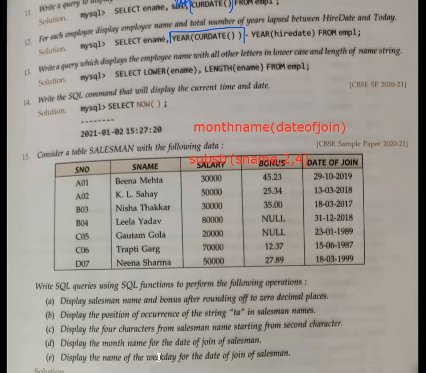Display the name of the weekday from the date of join of the salesman. Weekday name you have to write: Sunday, Monday, Tuesday, Wednesday. Okay, Sneha correct. Harshi correct.